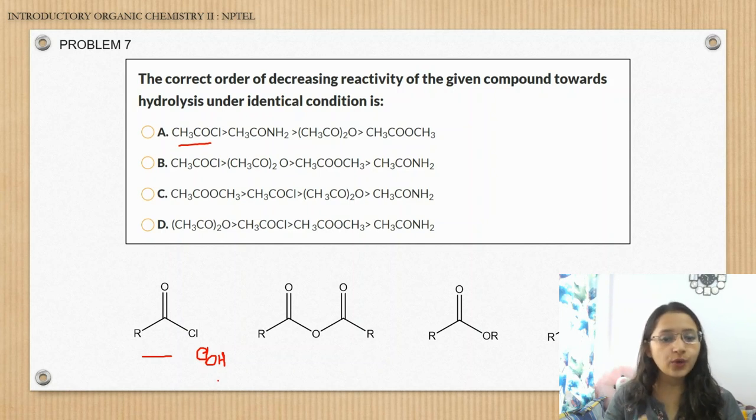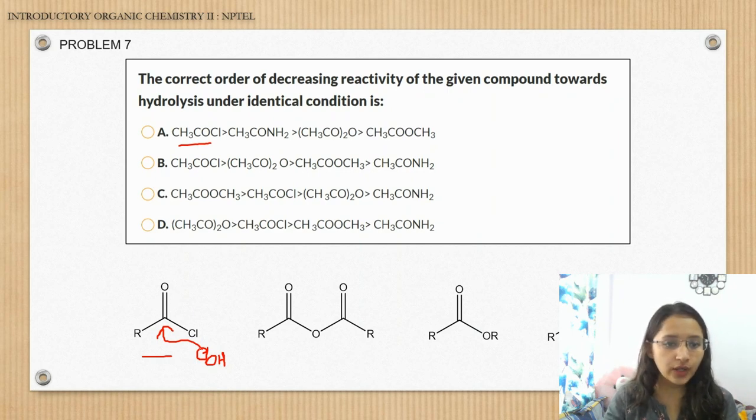So how easy it is for this hydroxyl to attach to this carbonyl depends on the electrophilicity of the carbon. If the carbon of the carbonyl bond is very electrophilic in nature, then the attack of this nucleophile is much more facile. So we have to figure out which is the more electrophilic carbon amongst these.